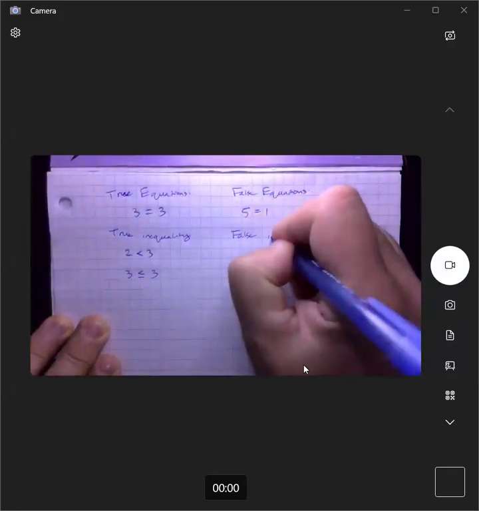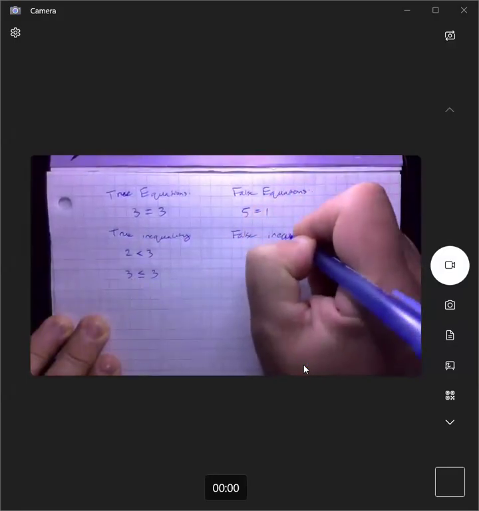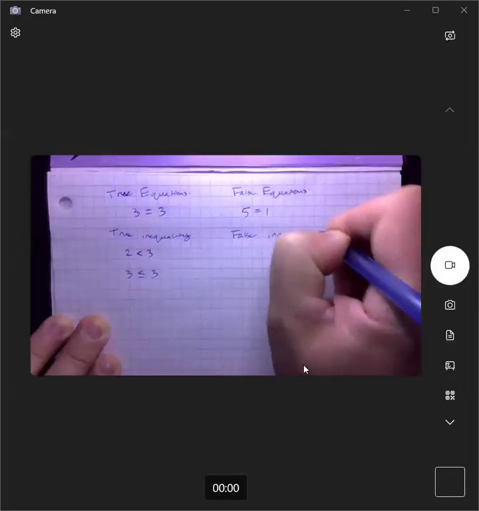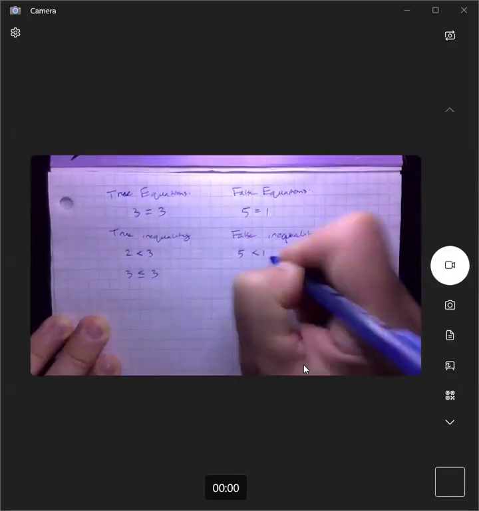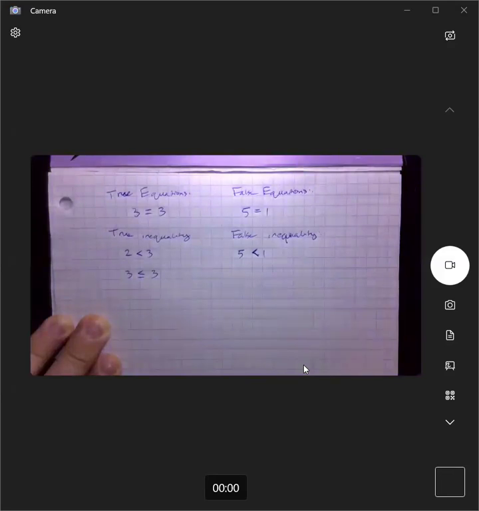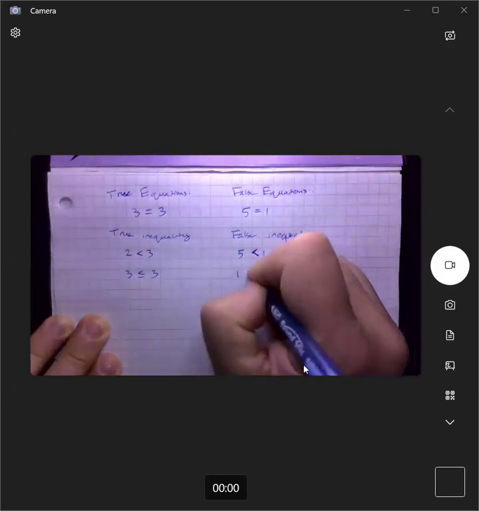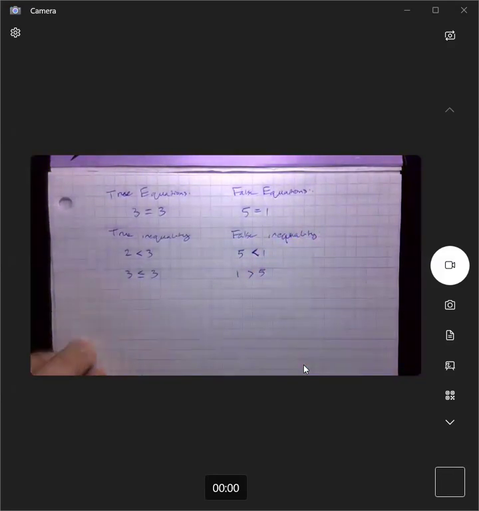And false inequalities. 5 is less than 1. That is false. 1 is greater than 5. Also false. So when you're asking if equations are true or false, it's really easy if they're all numbers.